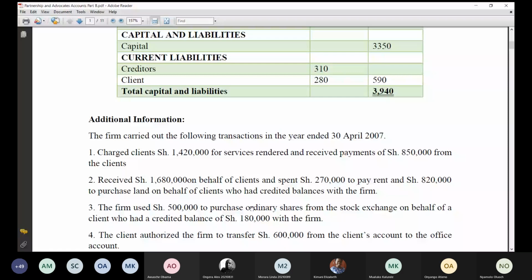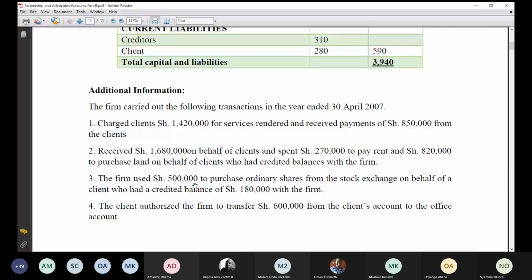Of course, you know that we are going to take this, add the closing work in progress, less the opening, so that you get your fee income. So once you see the charge to clients, then you know what happens to that. Then he received payments of 850 from the clients.